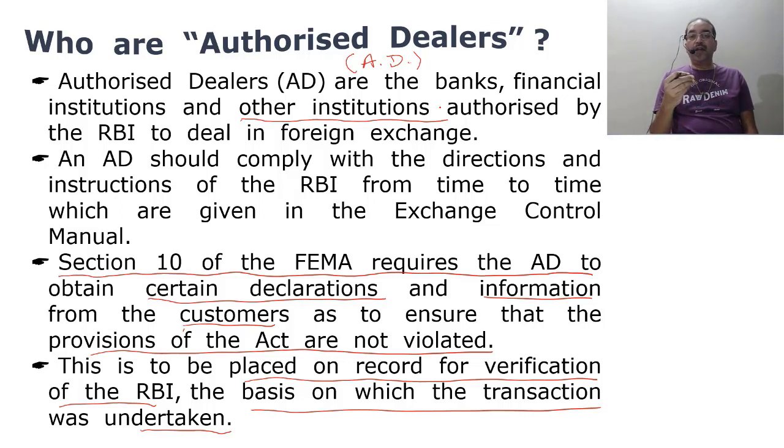Then certain financial institutions like IDBI, IFCI, state financial corporations, like that. Then certain regional rural banks are given permission. Certain cooperative banks are given permission. Okay, so there are certain organizations, certain financial institutions which are given this authority to buy and sell foreign currency. So now we have to see how these authorized dealers have been categorized.